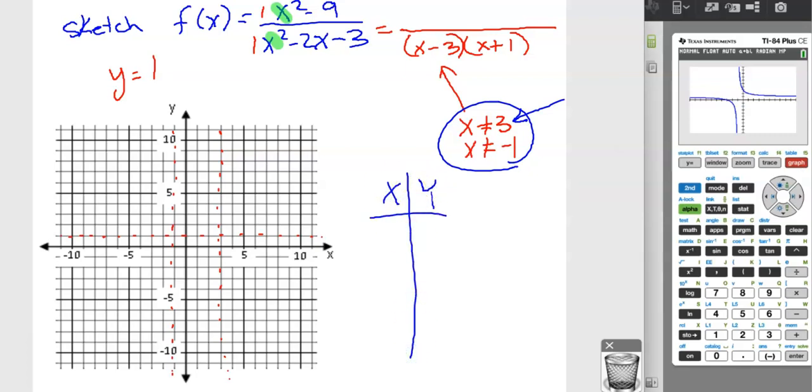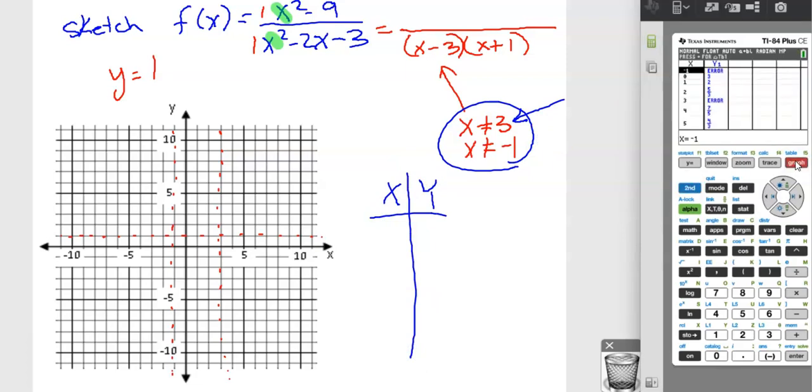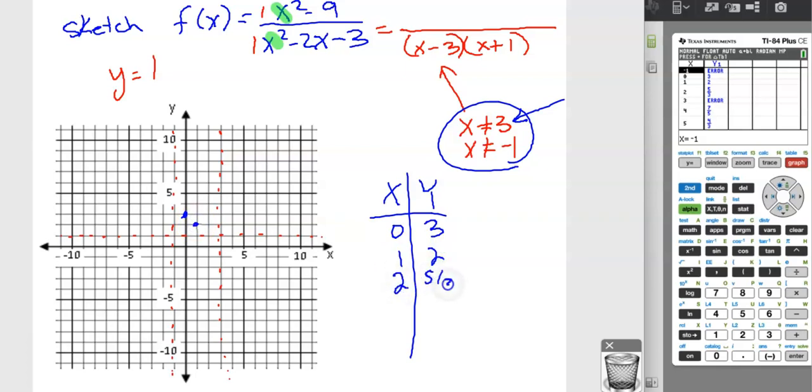I'm just going to look at these numbers here. At 0, it's 3. So if I go to 0, 3, it's right there. Even if I look at more decimals, 1, 2, 1, 2, and then 2, and then 5/3.